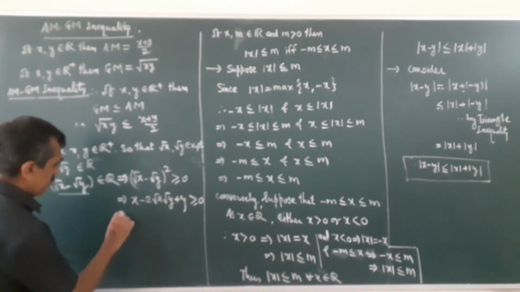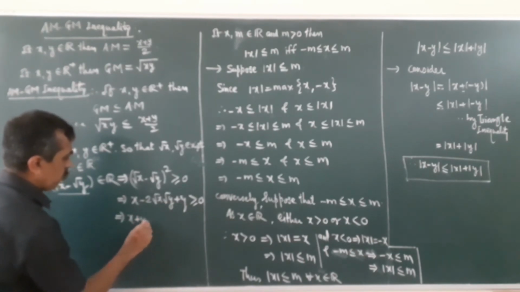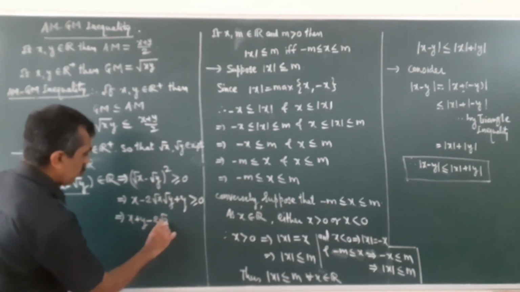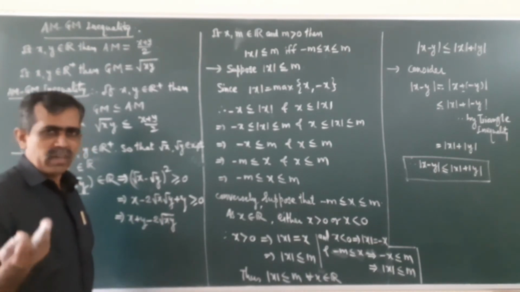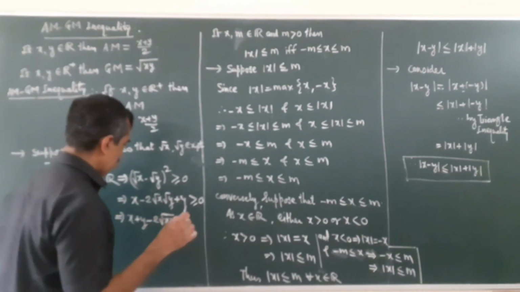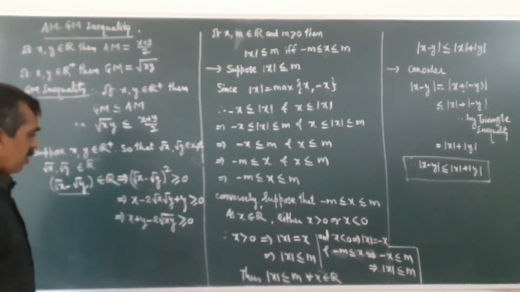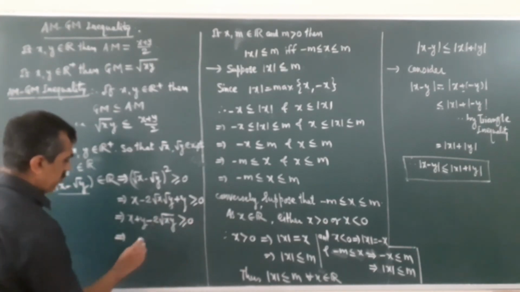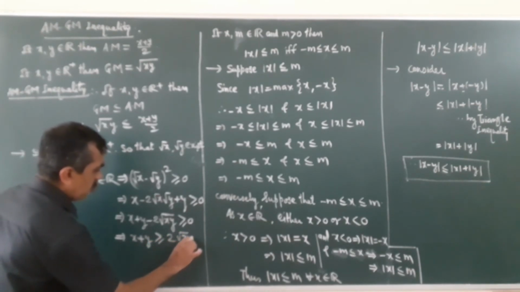So this implies x plus y minus 2 into root xy is greater than or equal to 0, because root x into root y is the same as root xy. You learned this in 6th to 8th standard. Now take the minus term to this side: x plus y is greater than or equal to 2 into root of xy.